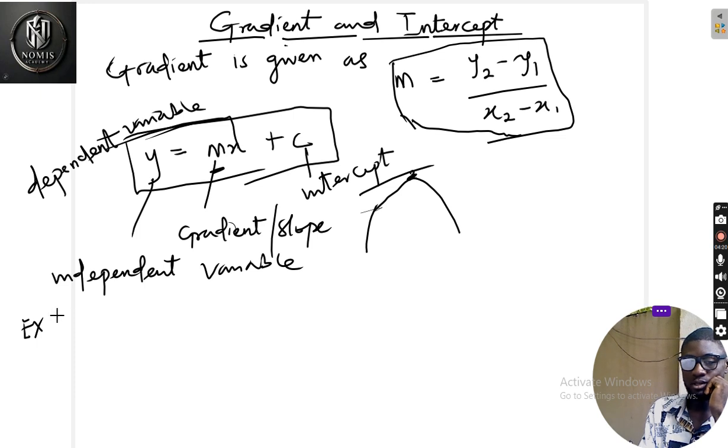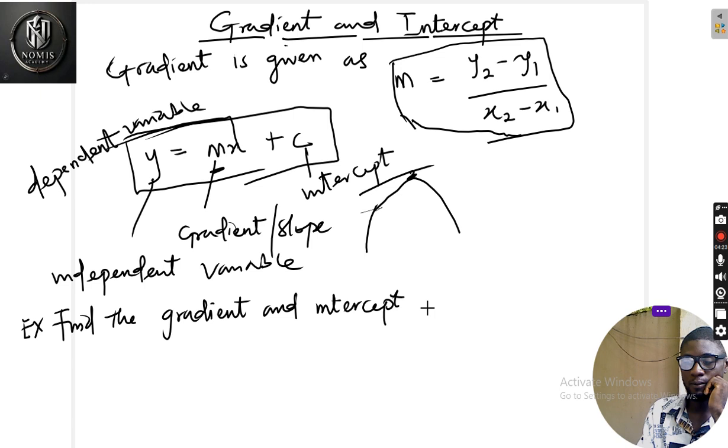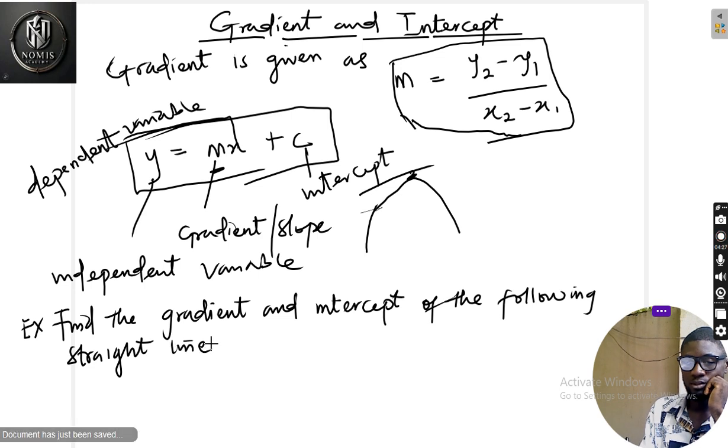The example says, find the gradient and intercepts of the following straight line equations.